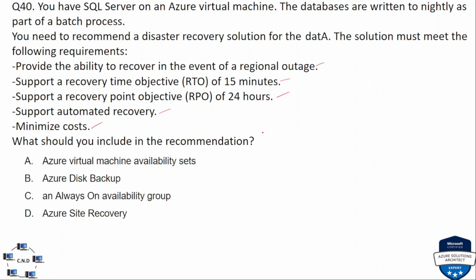What should you include in the recommendation? The options are A, Azure Virtual Machine Availability Sets, B, Azure Disk Backup, C, an Always On Availability Group, and D, Azure Site Recovery. And the correct option is option D, Azure Site Recovery.